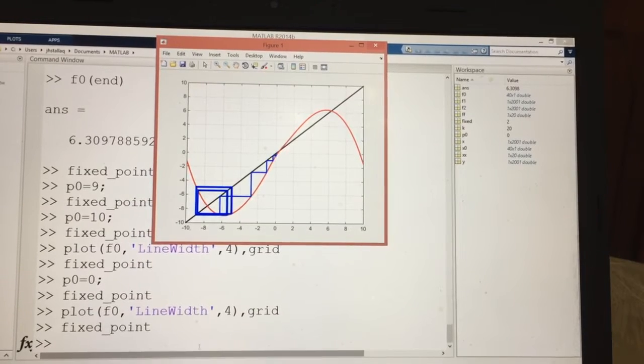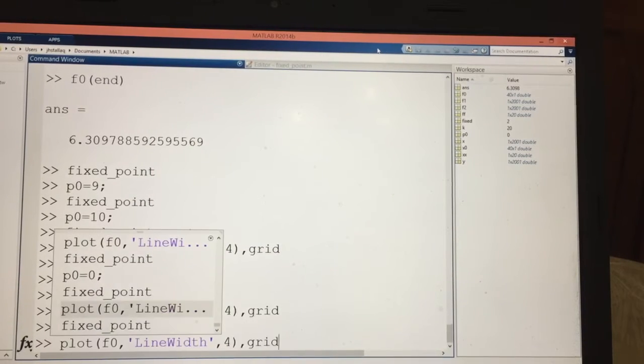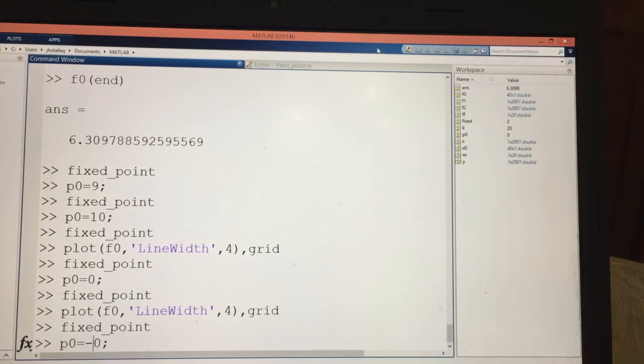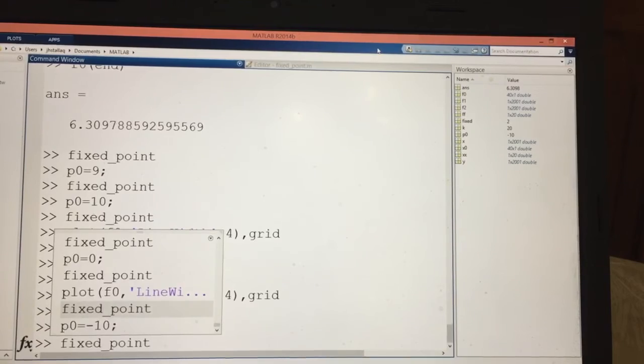Here, the solution we see is negative, between -7 and -8. If we start on this side, say at -10, for example, it will do the same thing. Let's say -10, and do it the same way.